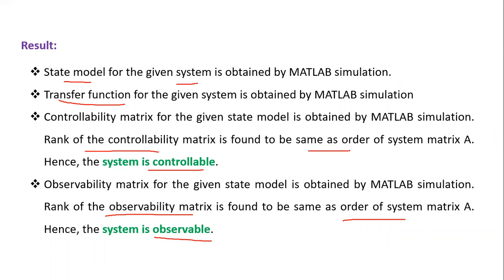In the same way, in the simulation, we check the rank of the observable matrix and the rank of the controllable matrix, which is the same as the order of the system matrix A. If the two are equal, then it is a controllable or observable system. So in our case, the system is controllable and also observable. Thank you.